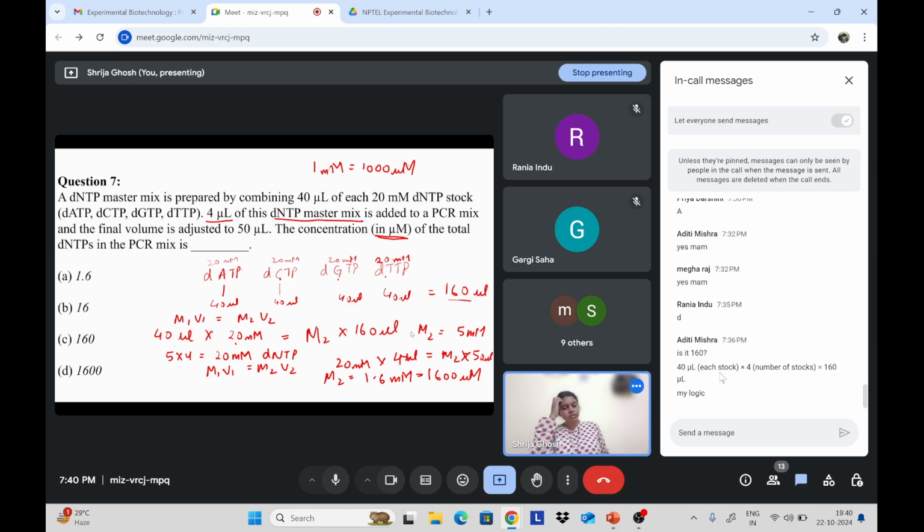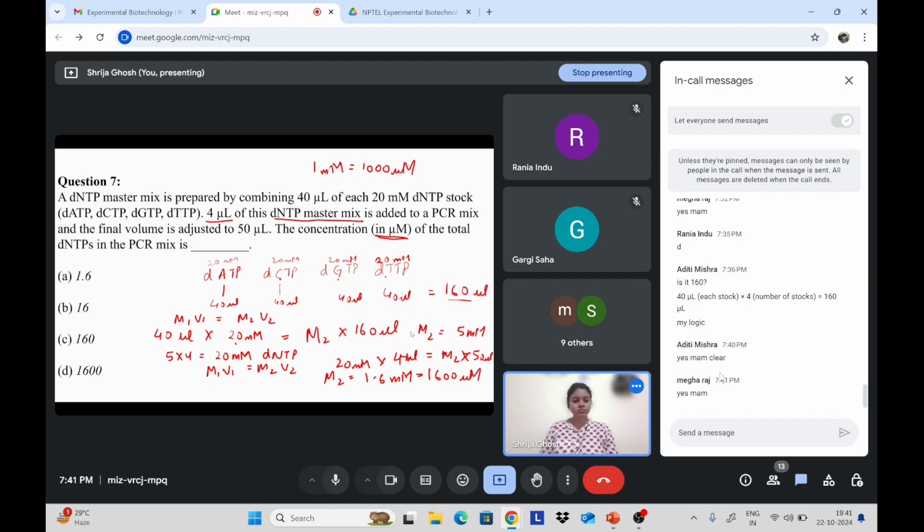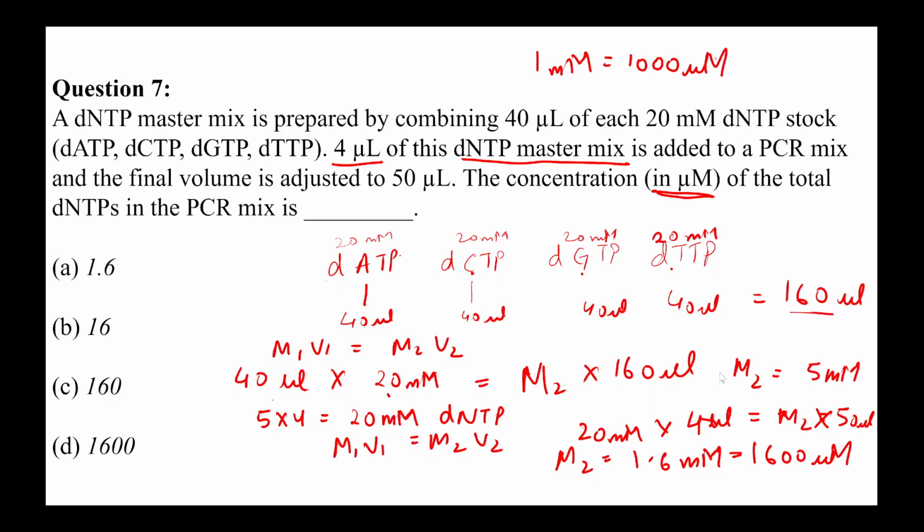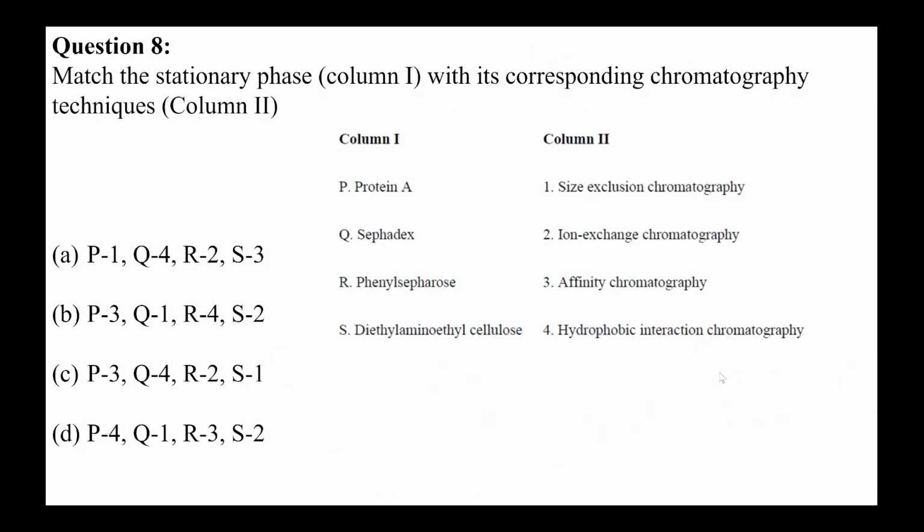Aditi, do you understand now? Okay. So, the correct answer is option D. Moving on to the next question now.